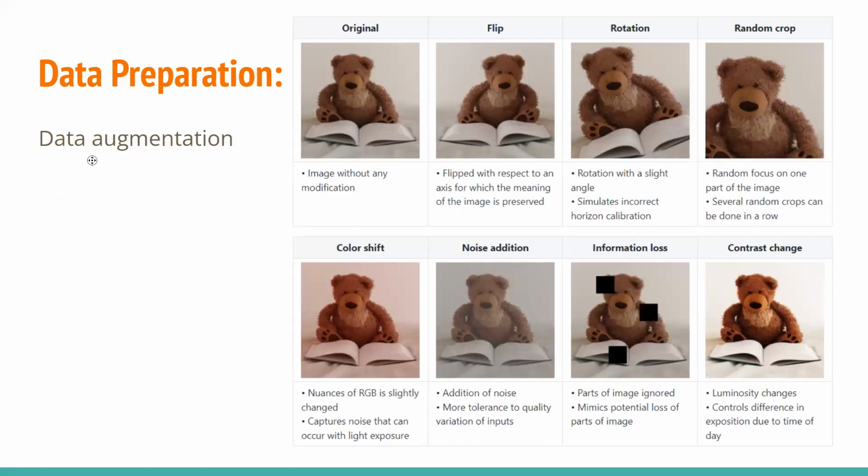There is something called data augmentation. There are multiple techniques here, but this is the most important, and everybody does this during this process. So what is this? For one single image, this is the original image.